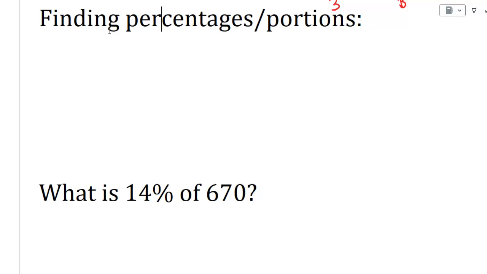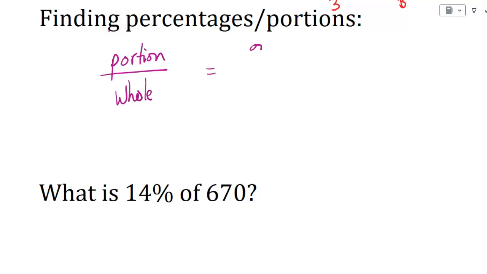The way that I remember this is just the portion over the whole is equal to the percentage out of 100, because that's really all that percentages are, portions of 100. But we just have to set it equal to a new whole. We're not always looking out of 100.